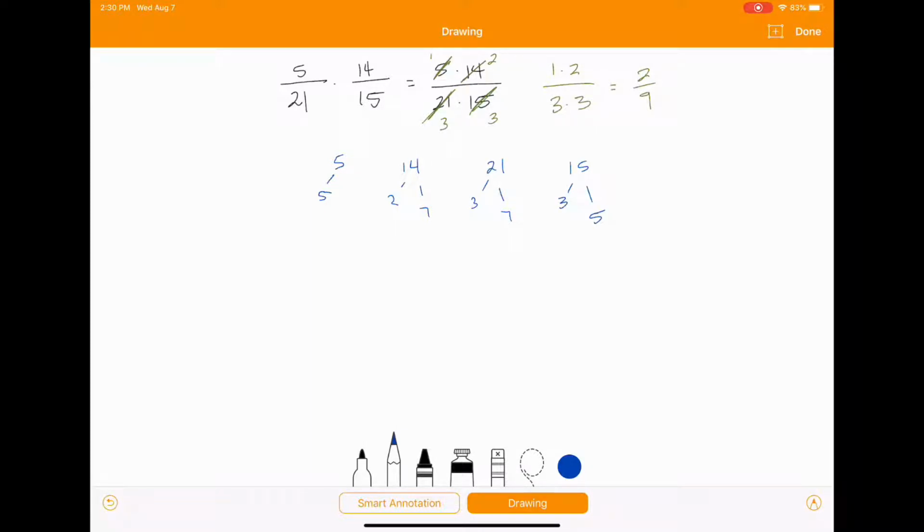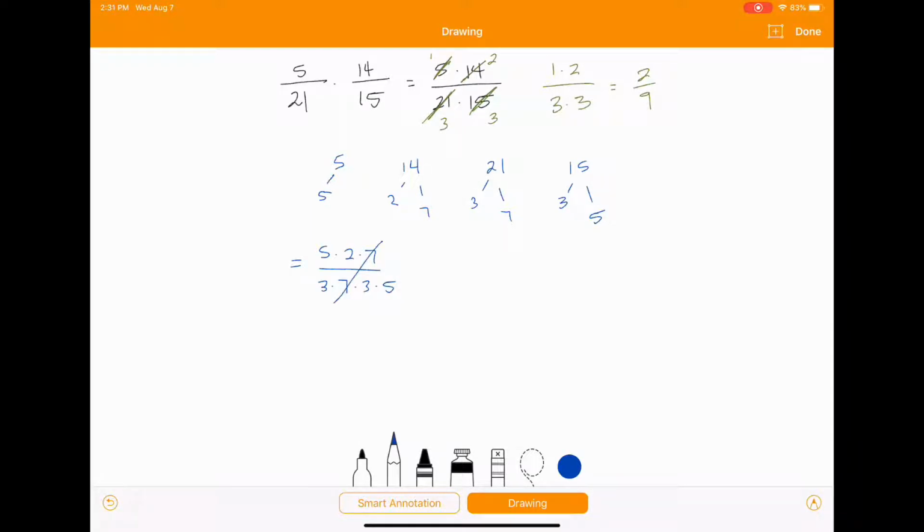And then you can go ahead and place these prime factorization numbers back into your fraction. So for 5, we just had 5. For 14, we had 2 times 7. And then for 21, we've got 3 times 7. And then for 15, we've got 3 times 5. And then you can just cross off any pairs.